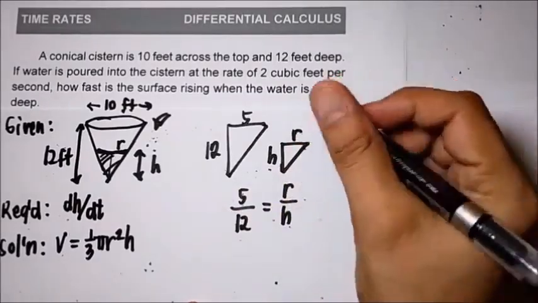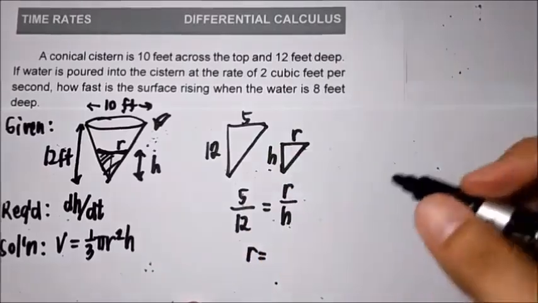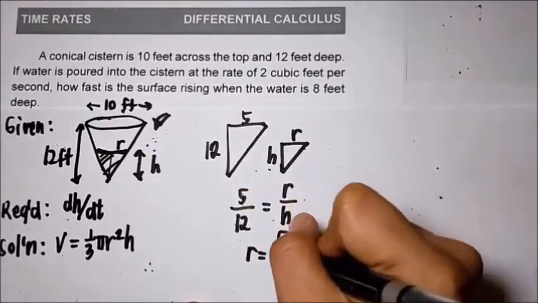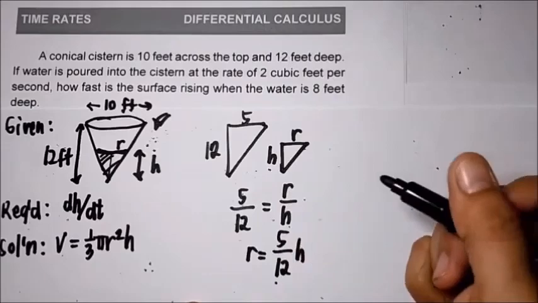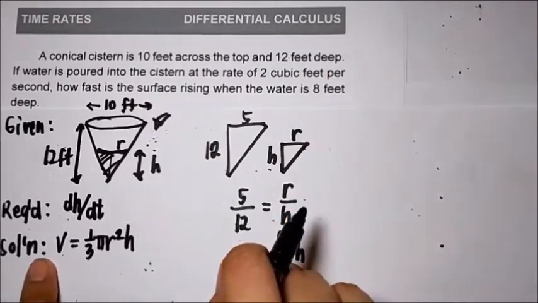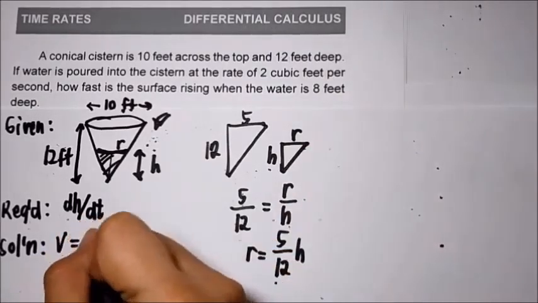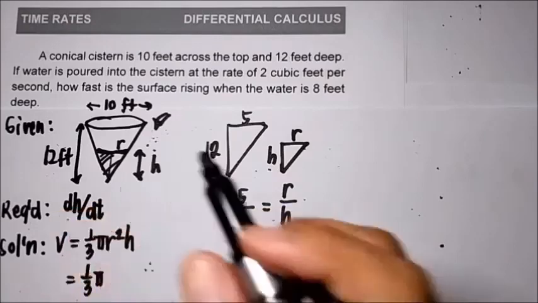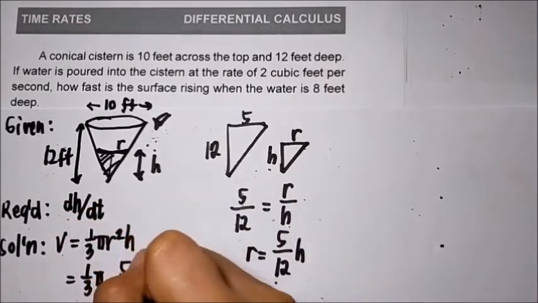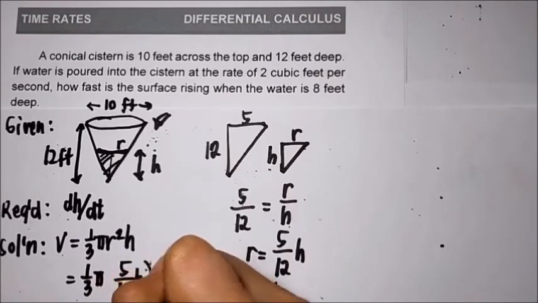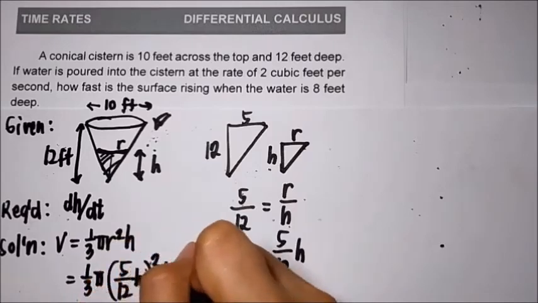Solving for r, r is 5 over 12 h. Let's substitute this into our equation: 1 over 3 pi, times 5 over 12 h squared, times h.